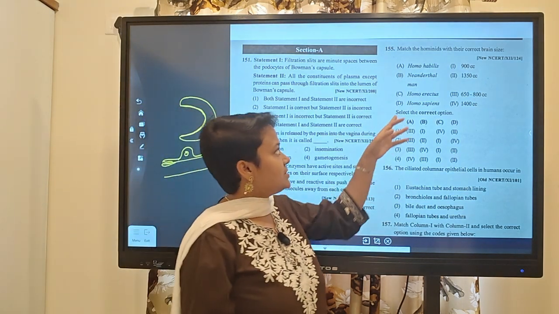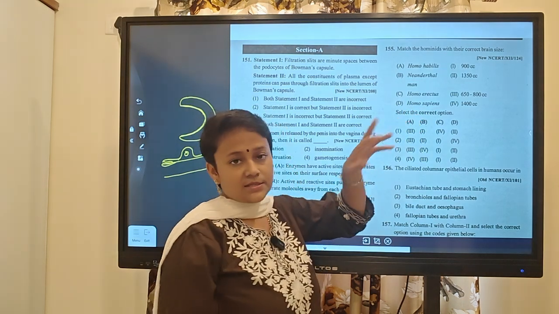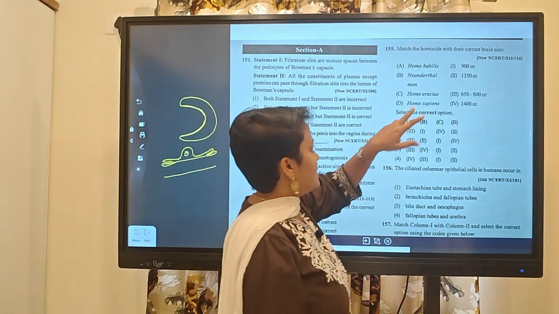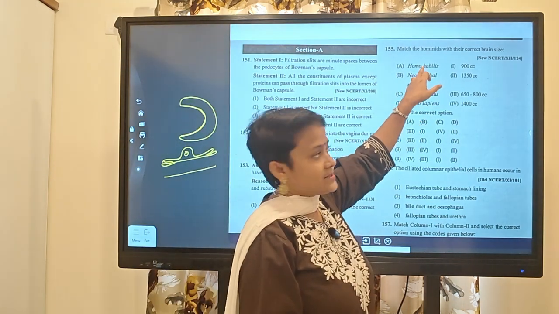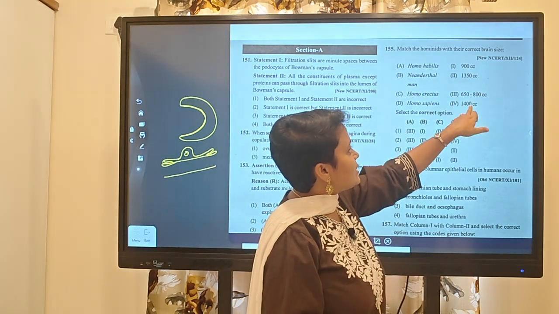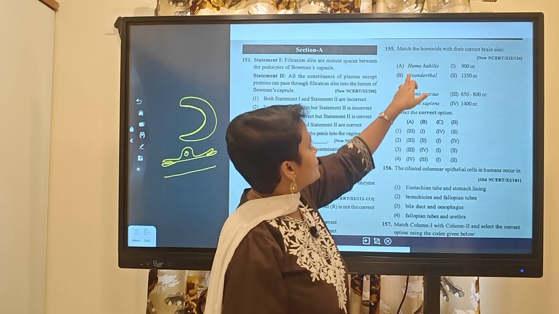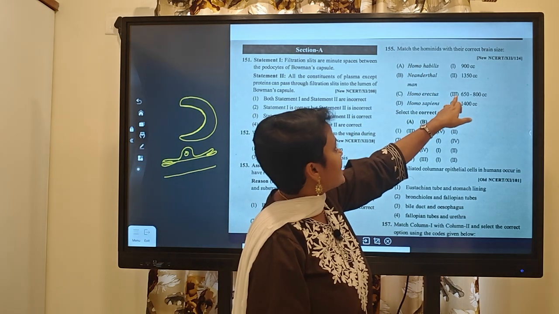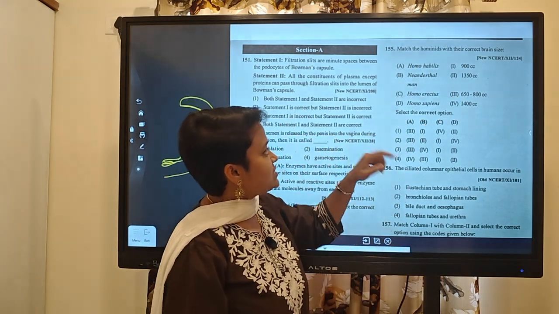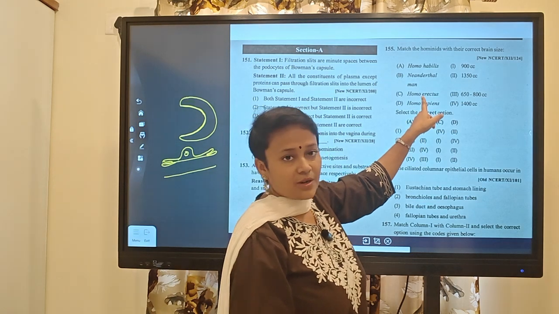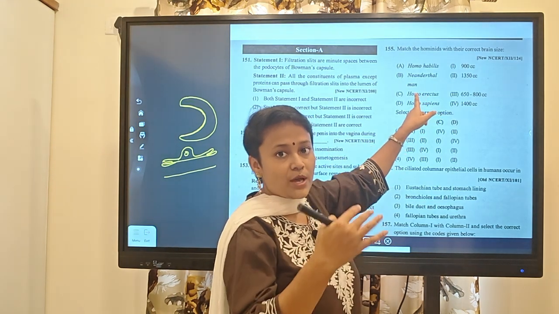But here, the first hominid which will come is Homo habilis. So which one is the smallest value? 650 to 800. So first will be Homo habilis, it is A3. Coming to next one, Homo erectus, after Homo habilis.